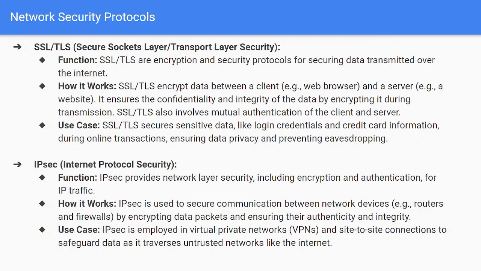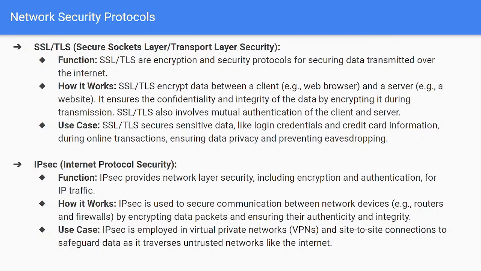Then we have IPsec, which is Internet Protocol Security. Internet Protocol Security provides network security, including encryption and authentication for IP traffic. How it works: IPsec is used to secure communication between network devices such as routers and firewalls, by encrypting data packets and ensuring their authenticity and integrity.